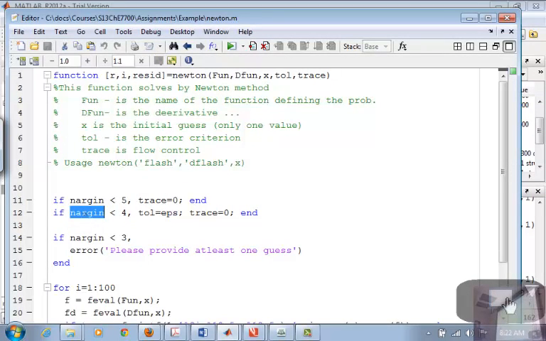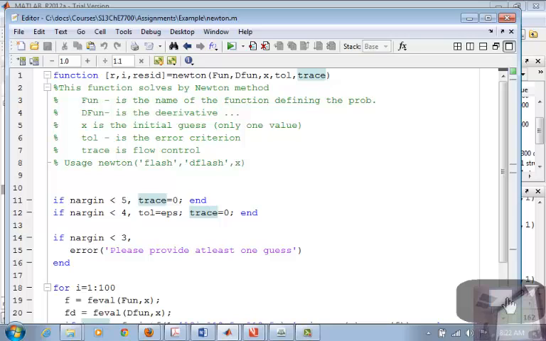MATLAB automatically knows how many input entries you have entered. If that is less than 4, that means I have not bothered to specify both tolerance and trace. So I set tolerance to EPS and trace to 0. EPS is a built-in number in MATLAB. It is the machine precision, 10 to the minus 16 or so. So if I don't specify it, I say try to get the solution to machine precision.